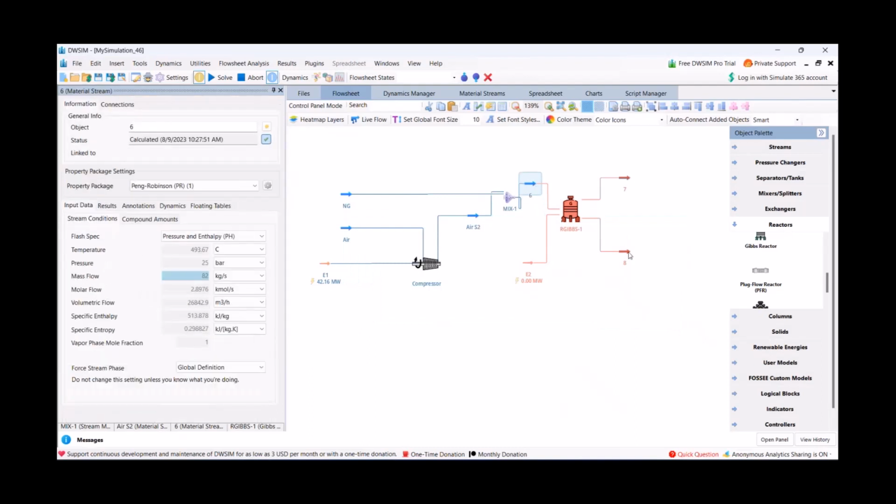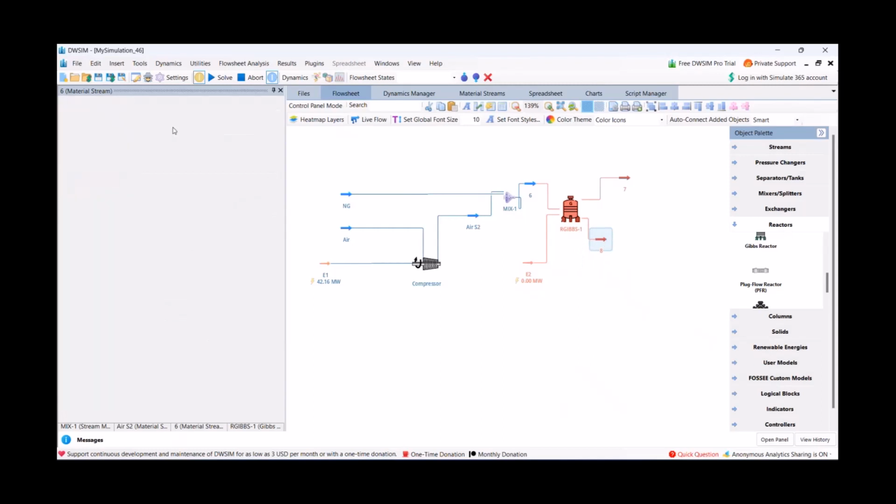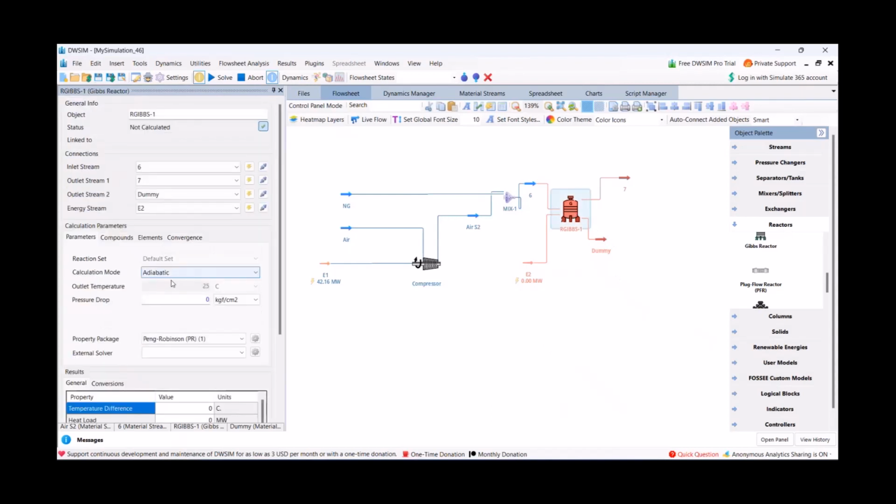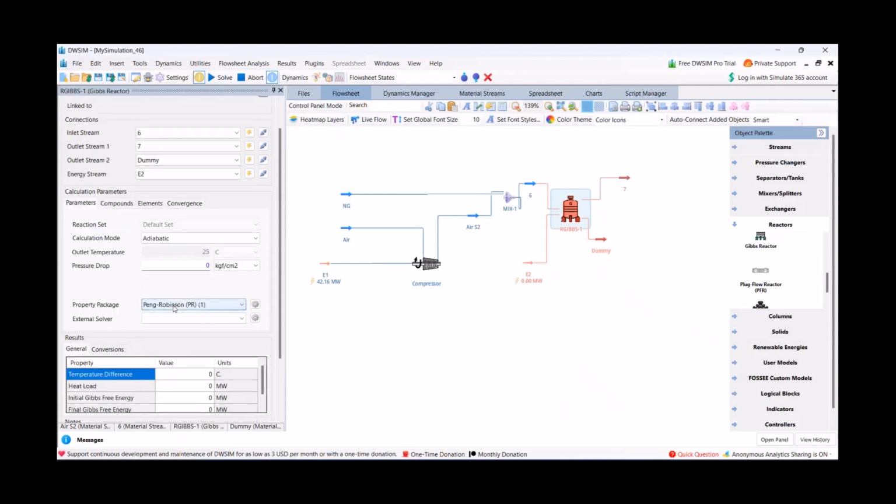And the outlet streams are 7, and 8 is a liquid stream, which is normally a dummy because all the compounds are in the vapor phase. So I will just name it dummy stream. So there will be no liquid or fluid here. And the calculation mode is adiabatic, and we will have zero pressure drop here again for simplicity.